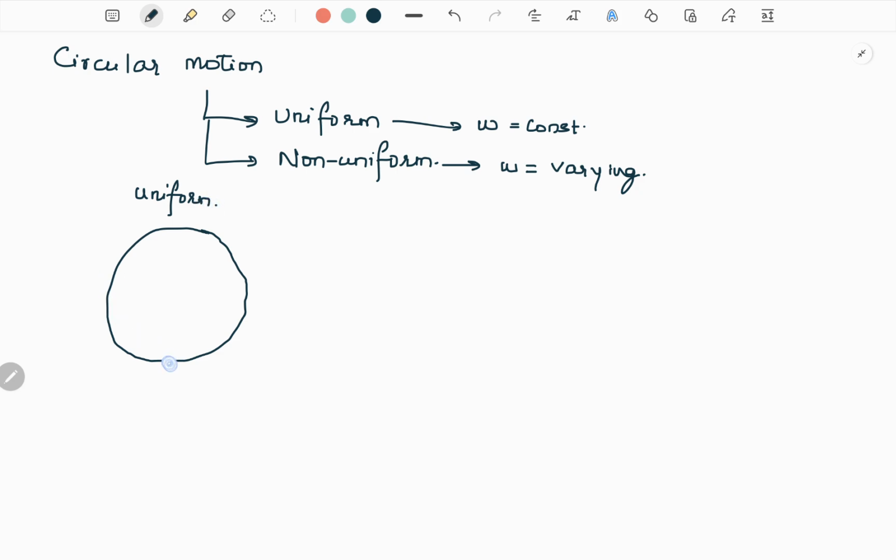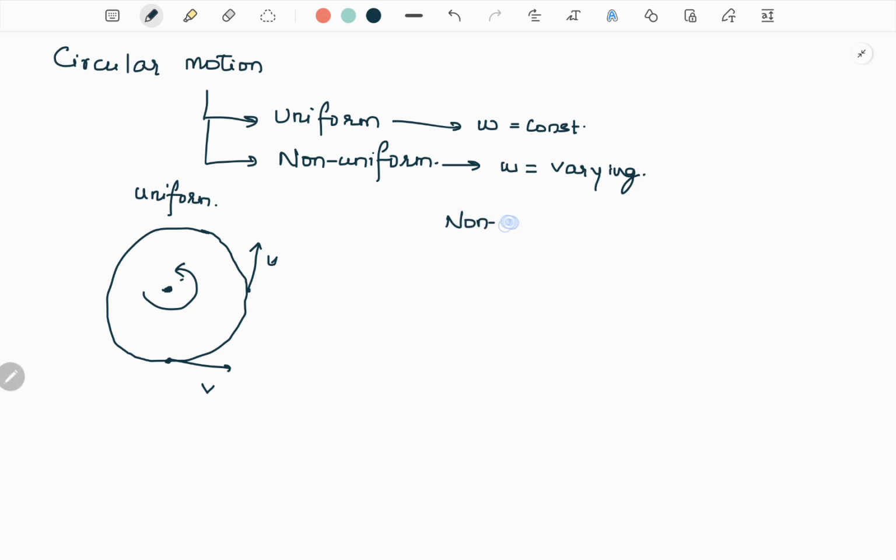I am assuming it goes in an anti-clockwise direction, so at different positions on the path the tangents drawn will be different, and the direction of velocity will definitely vary. But if the speed remains constant, though the direction of velocity is varying, then that circular motion is said to be uniform circular motion.